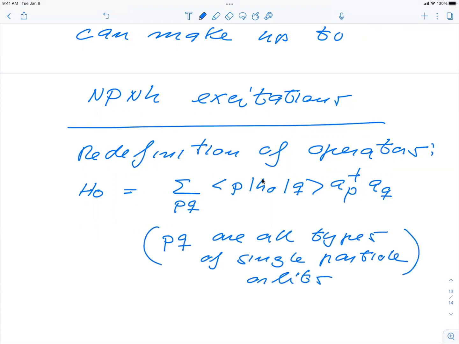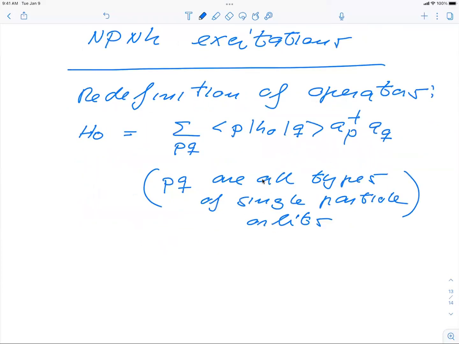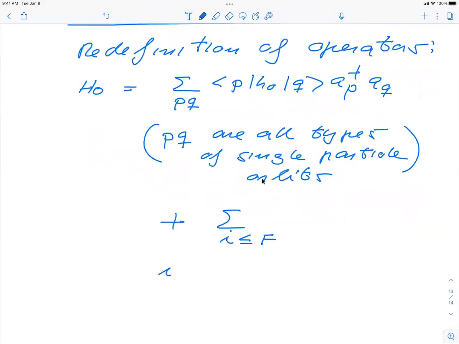And this is going to have, in addition, a term which is a constant. This is just going to run over the states below the Fermi level. F is now the Fermi level, and I'm going to use the notation I, J, K, L for states which are below the Fermi level. And this is simply going to be given by this term here. I have assumed now that the basis is an eigenbasis of these states.